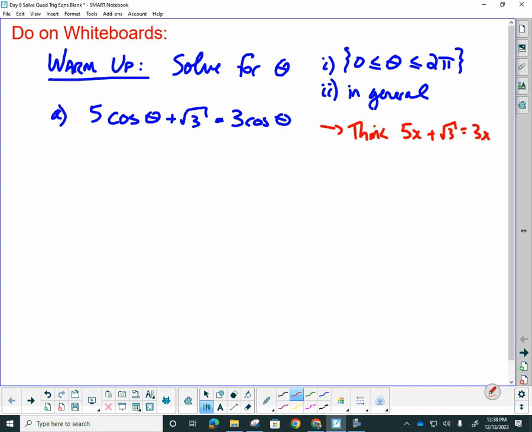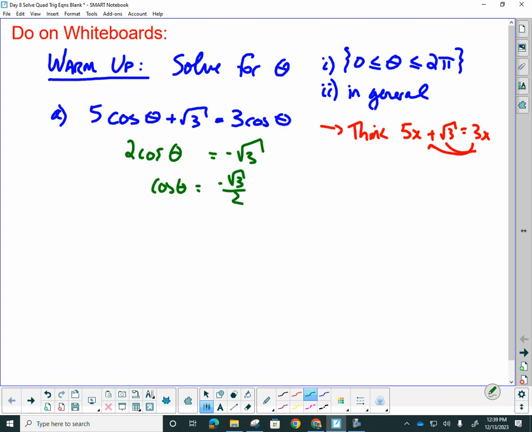And we know we'd want to subtract 3x from both sides and bring this over. So I know how to solve this. It's like a linear statement. So I want all the coses on one side, so that's going to make it 2 cos theta, and take this over is negative root 3. And then I want cos theta by itself, so cos theta equals negative root 3 over 2.